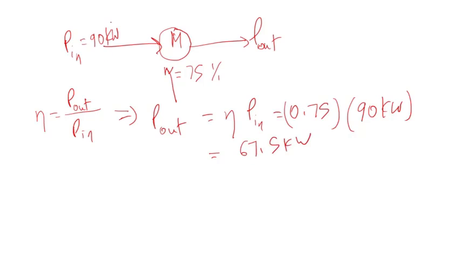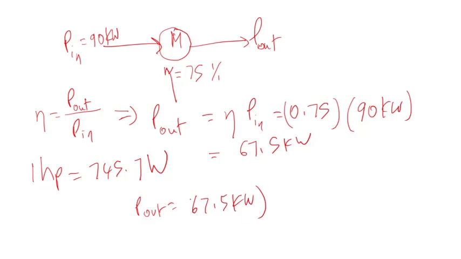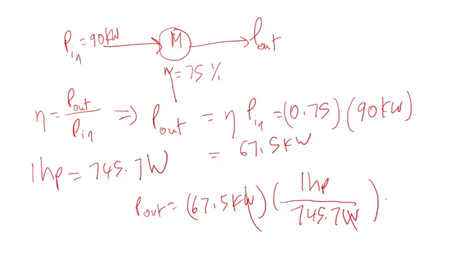And I would recommend watching other previous videos. What I showed, basically 1 horsepower is 745.7 watts. So P out is equal to 67.5 kilowatts. I can convert that to horsepower. So 1 horsepower is equal to 745.7 watts, so the watts will cancel out.